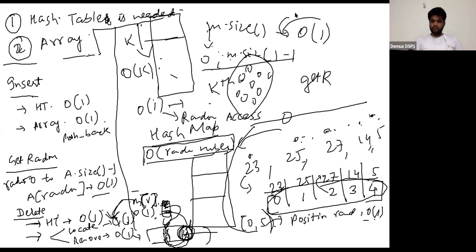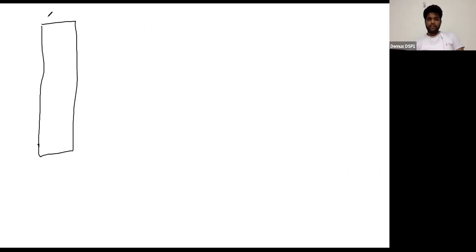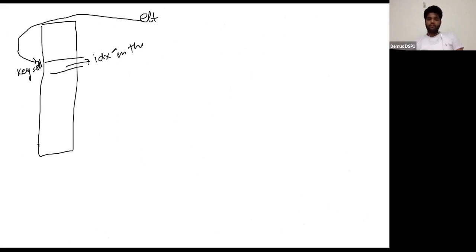Yeah, let's see. What does the map contain? So Karan, the map is basically, the key will be the element that is coming in, and the value will be the index of the array where the element is stored.